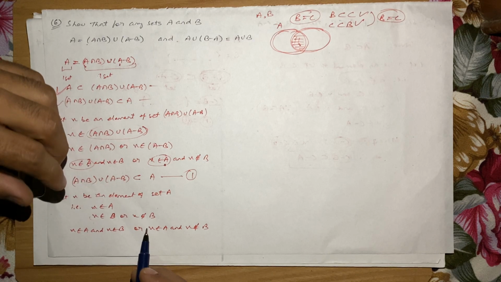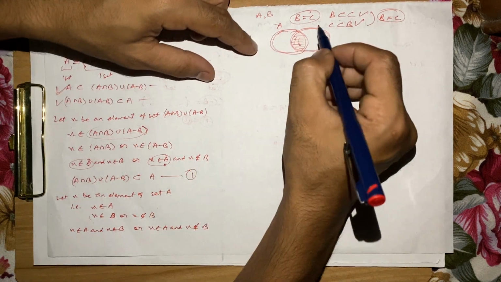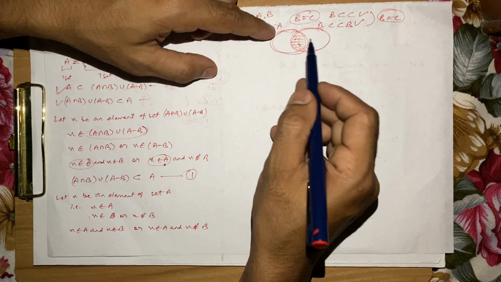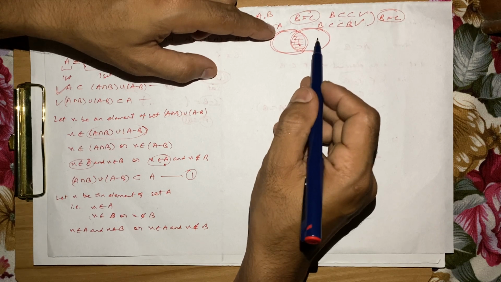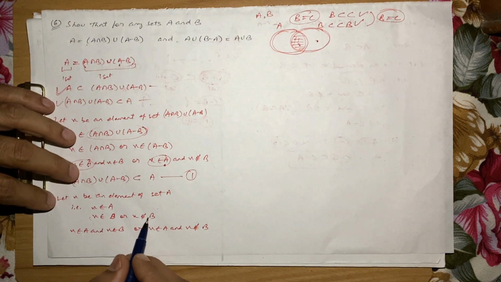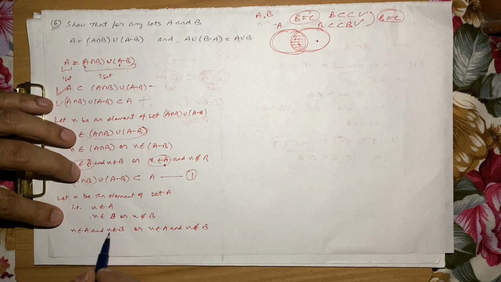These are the two possibilities: if X is an element of A, then X will belong to B or will not belong to B. That is the only possible thing, right? So I've written both the things and I've combined them one by one. Now if X belongs to A and X belongs to B, what can I say? X belongs to A intersection B, and means intersection.